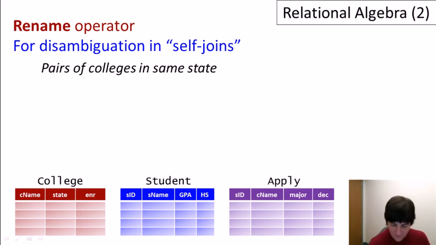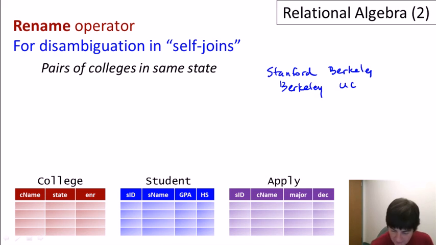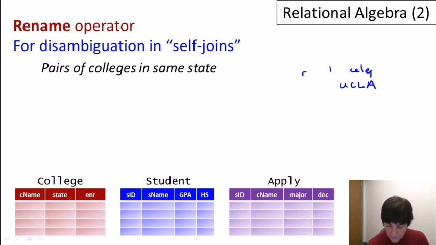So we want to have, for example, Stanford and Berkeley and UCLA, and so on. Unlike the union operator, we're looking for this horizontal joining here. So we're going to have to combine essentially two instances of the college relation. We're effectively going to do college join college, making the state equal.